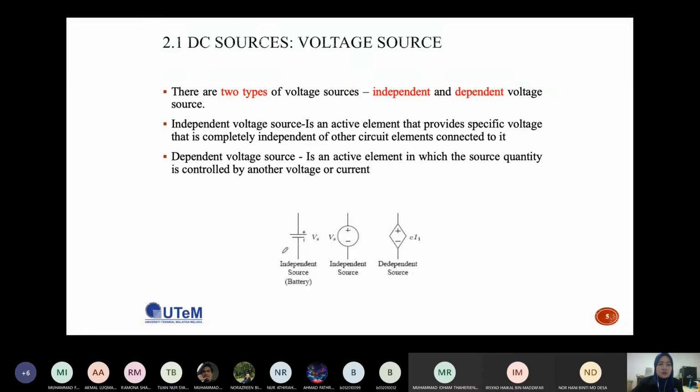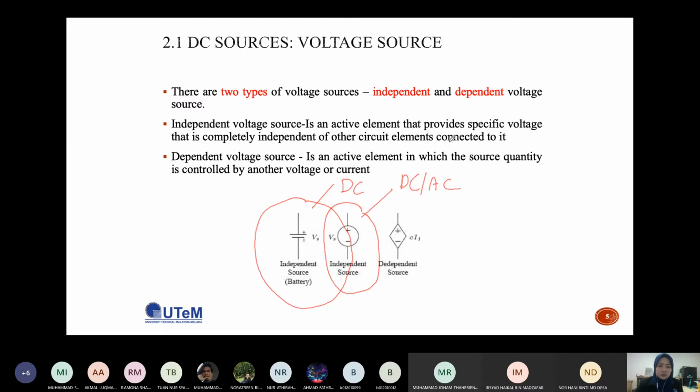If you look at this figure here, this is the symbol for battery. Remember, a battery will always supply a DC voltage. This symbol can be used for DC, and can also be used for AC.